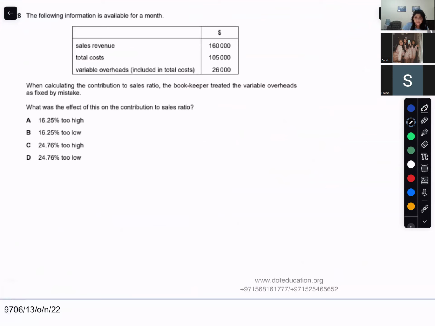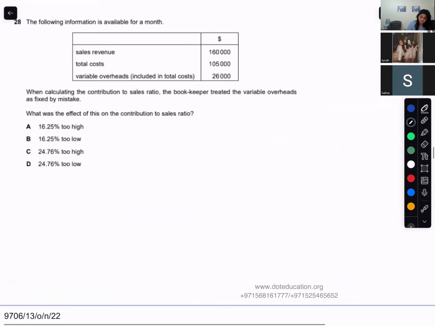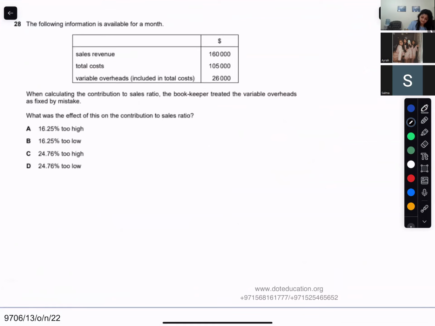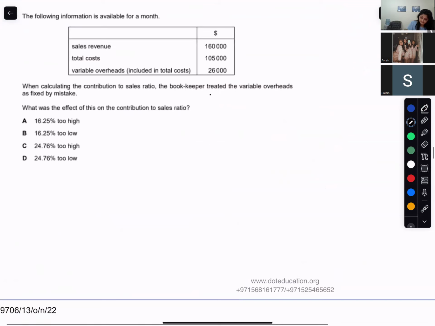Please read. The following information is available for a month. When calculating the contribution to sales ratio, the bookkeeper treated the variable overheads as fixed by mistake. What was the effect of this on the contribution to sales ratio? Okay, try.